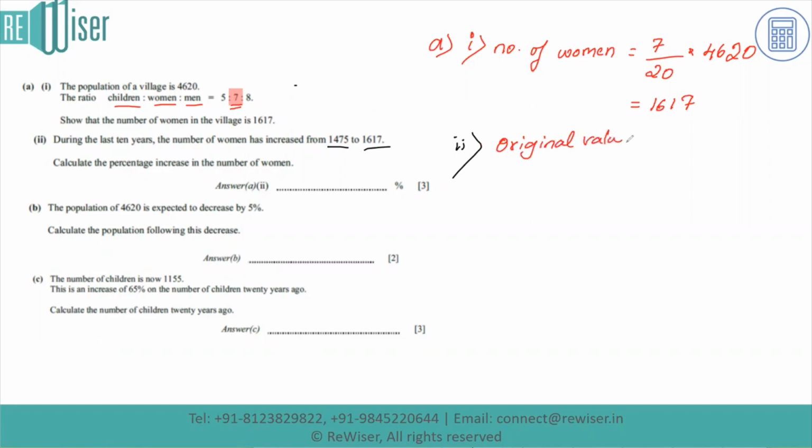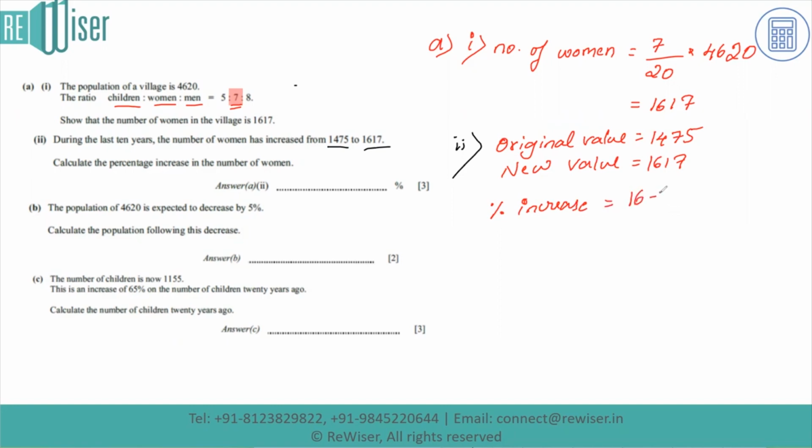So the original value is 1475 and the new value is, because we are talking about finding the percentage increase, 1617. In that case, the percentage increase should be the increment, whatever is the increase that happened, divided by the original value.